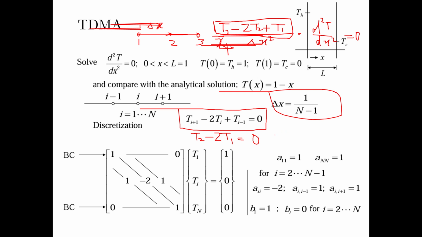From here I will get T1 equal to T2 by 2. But I already know my T1 is 1, so I get my T2 as 2.